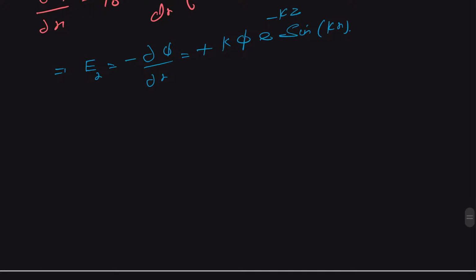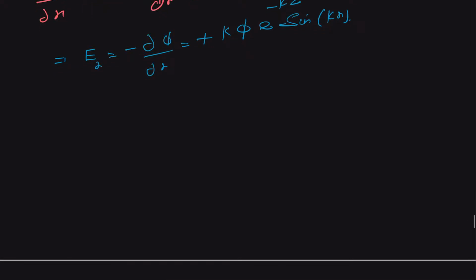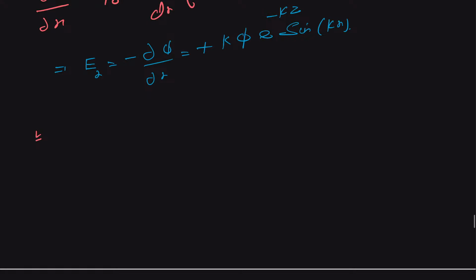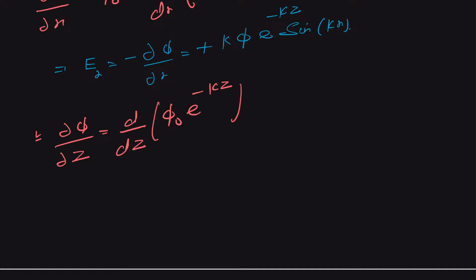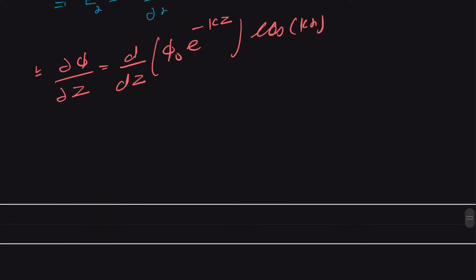And now we come to our z derivative. So we can say our partial derivative with respect to z will be d of dz of phi naught e raised to power minus kz multiplied by cos of kx. And phi naught is given as constant.